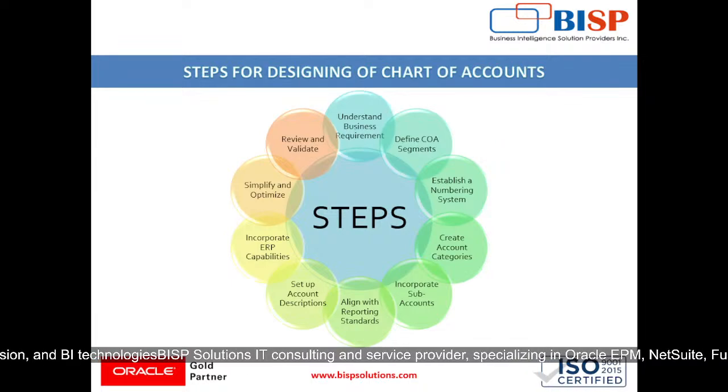Then comes defining COA segments. COA segments means the accounts in which all the accounts will be made, like assets, liabilities. Under assets, what are the accounts which we will be putting in our NetSuite.